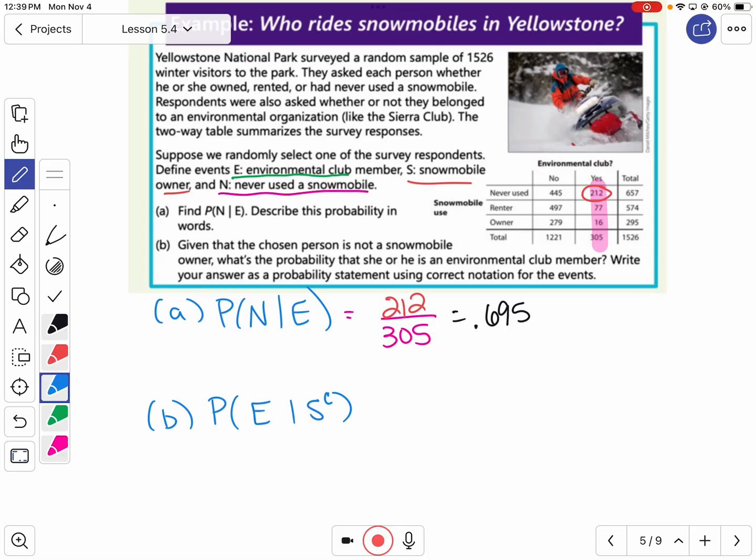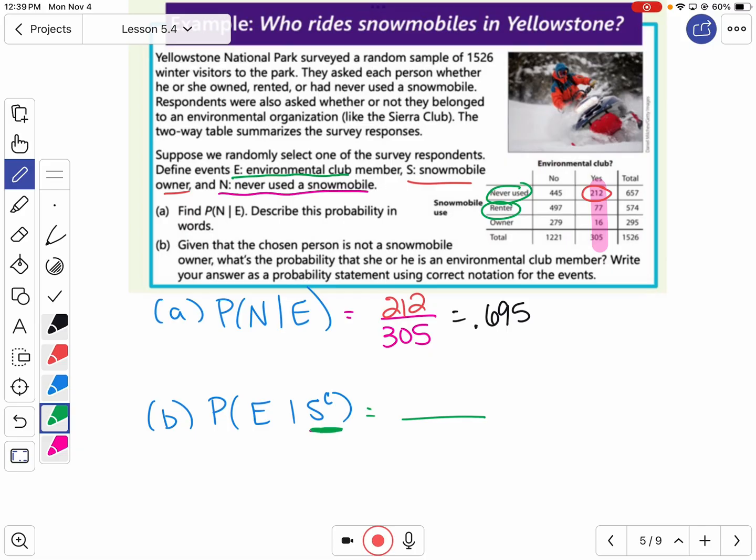E given not S. So my denominator is going to come from the people who are not snowmobile owners. We're going to have to do some adding. People that are not snowmobile owners, that's my renters and my never used.